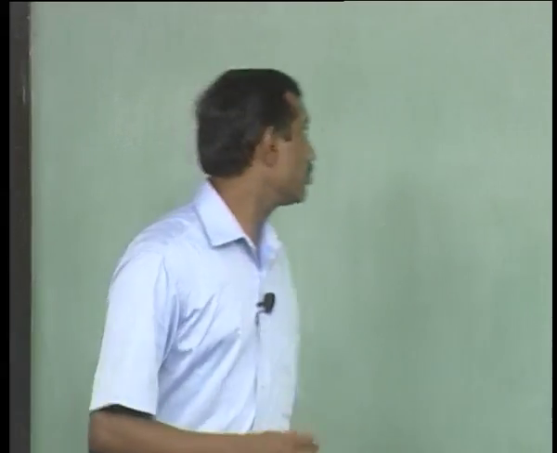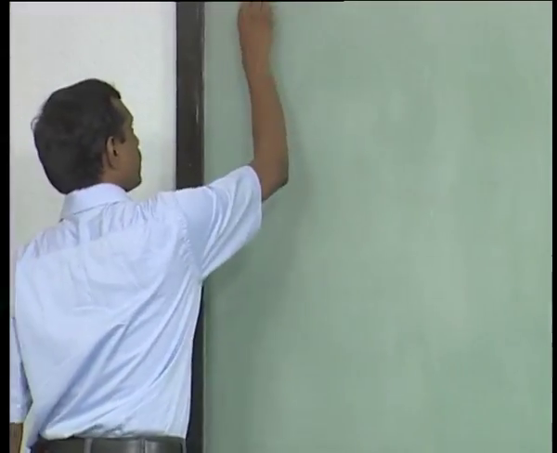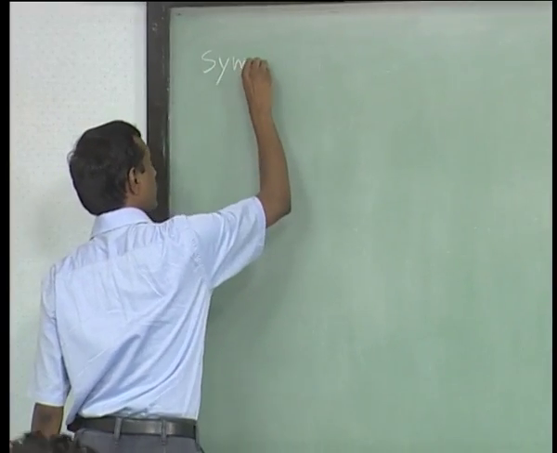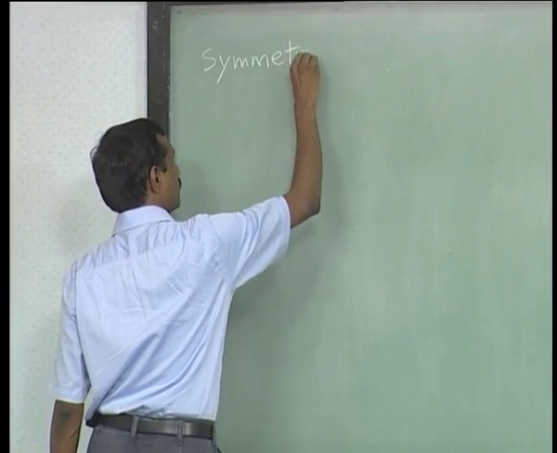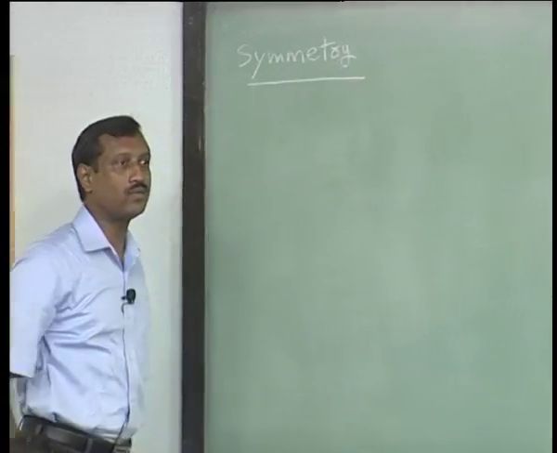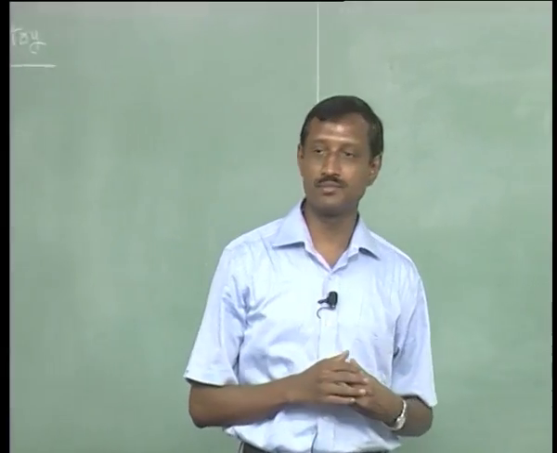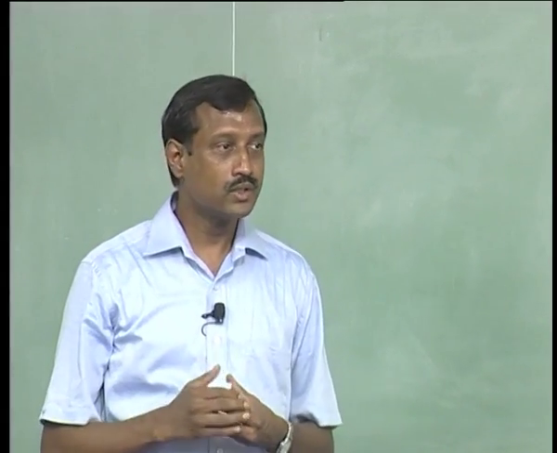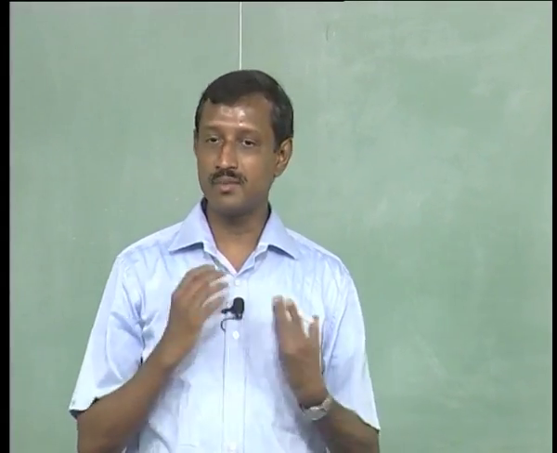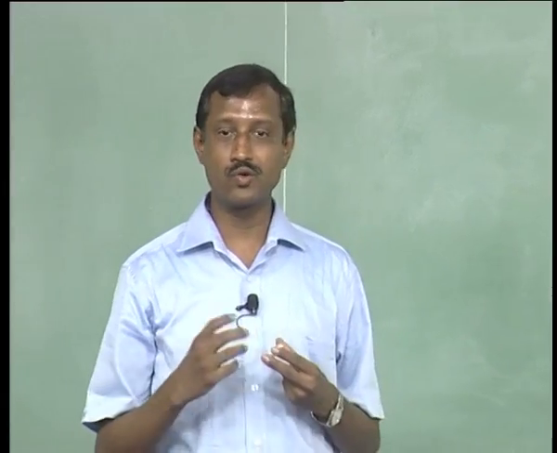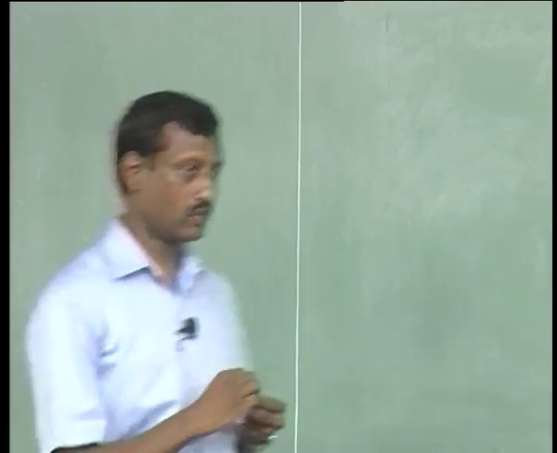Okay. So, let us recap on symmetry first. By now hopefully you are comfortable with the fact that symmetries are best captured by the idea of a group. So, when we mean a symmetry, you should immediately think of some group.